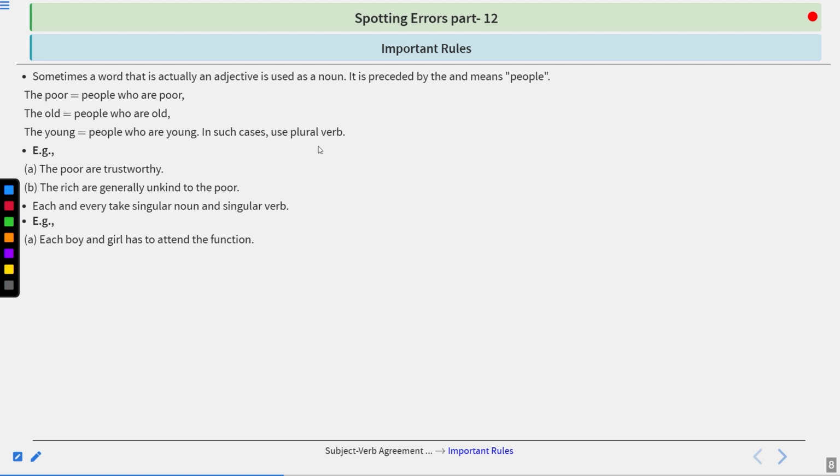The same applies with every. Every is an adjective. When you find every, it takes a singular verb and a singular noun as well. Each boy and each girl has to attend the function. Every man, woman, and child was happy to meet the president. So here again, we have used singular verb.